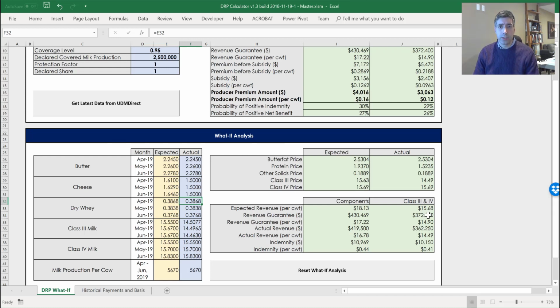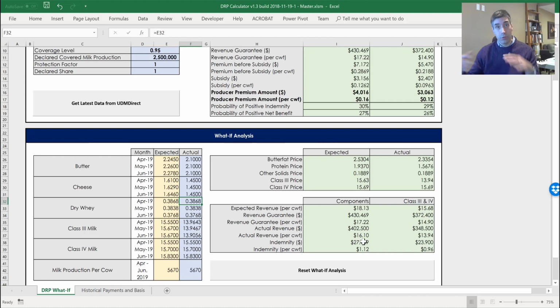Where components policy really is useful is protecting against protein and butterfat declines. So if I make butter fall by 15 cents in addition to maybe cheese dropping 15 cents, what you see is that the class policy will pay 96 cents, but you will get almost 16 cents more per hundredweight, or $4,000, $5,000 more under components policy.